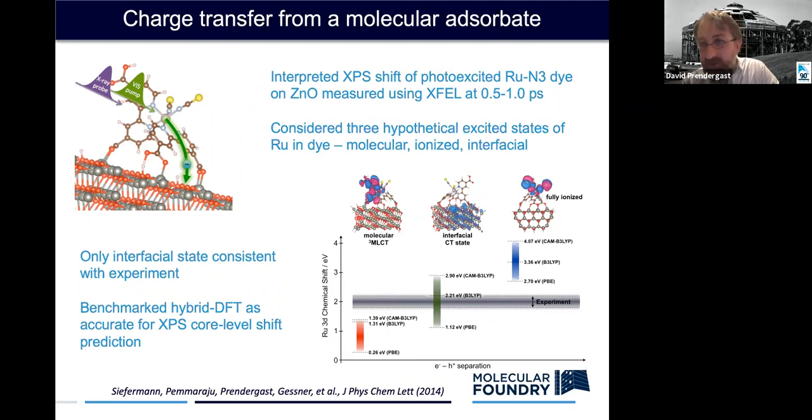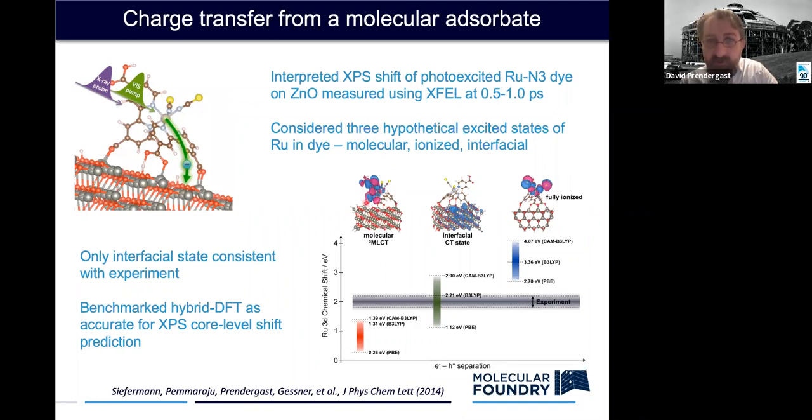And there were 3 hypotheses in the literature about what the first excited state of this molecule looks like at a certain moment in time after you have excited it with light, so with visible light. And one idea was that it's still on the molecule. So let's say at a time scale of about a picosecond, it hasn't left to move into the oxide to do something useful for you.